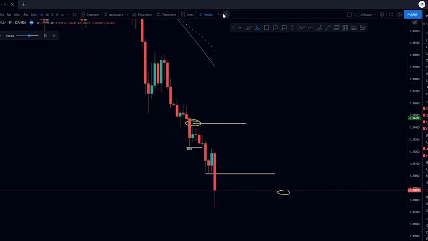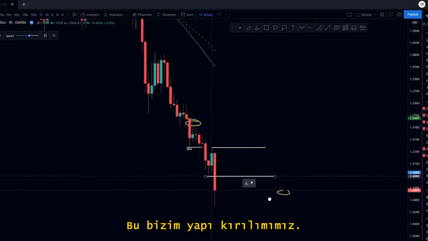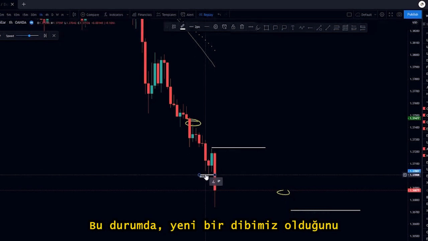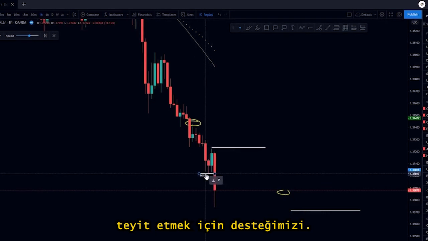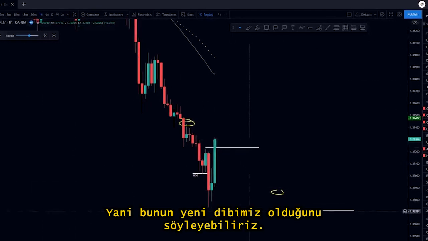Okay, so we have our new highs based on this high here. This is our break of structure, and then once again we need to wait for markets to create a bottom, in this case, or support, to then confirm that we have a new low. Okay, so we can say this is our new low.